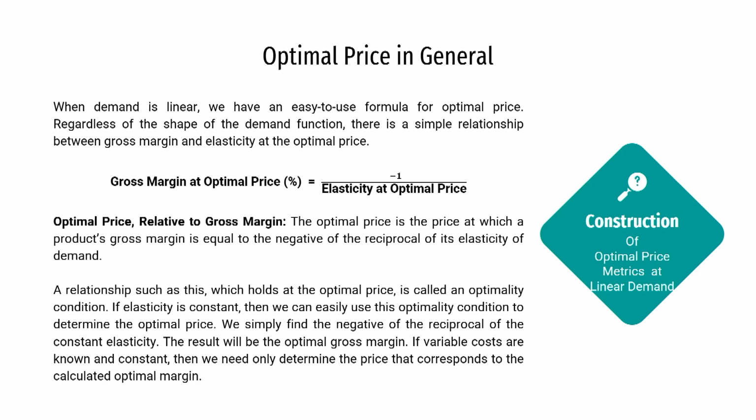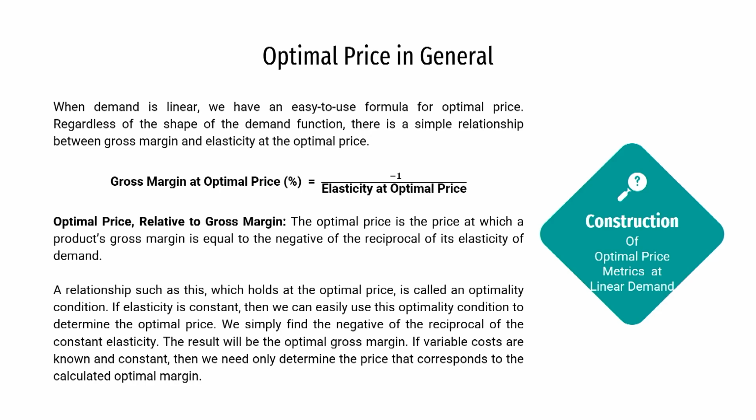So, at that particular price point we are getting the optimal benefit. If elasticity is constant, then we can easily use the optimality condition to determine the optimal price. Remember that elasticity is considered when we follow a demand curve for calculating the quantity demanded, which is more practical than a linear demand function.